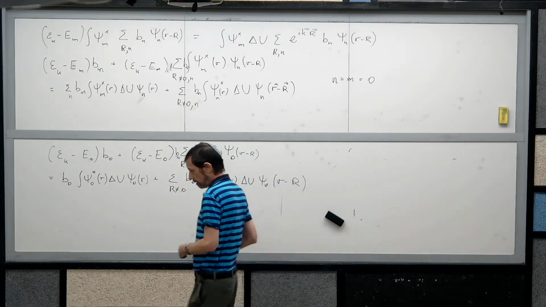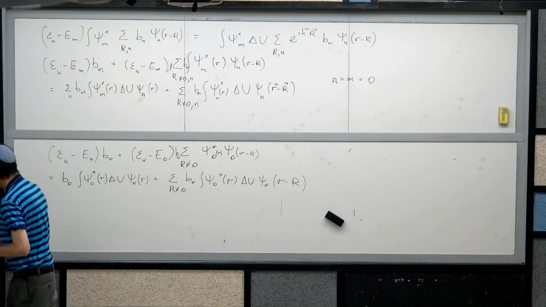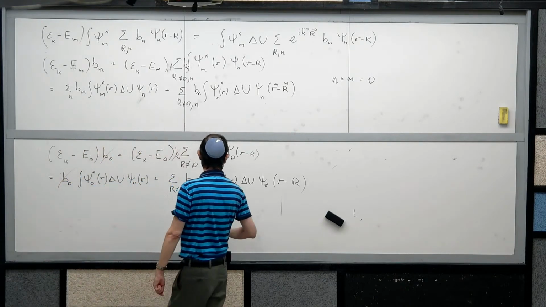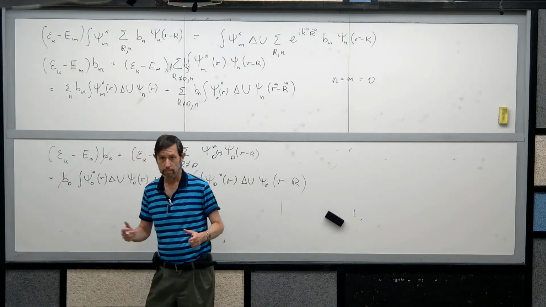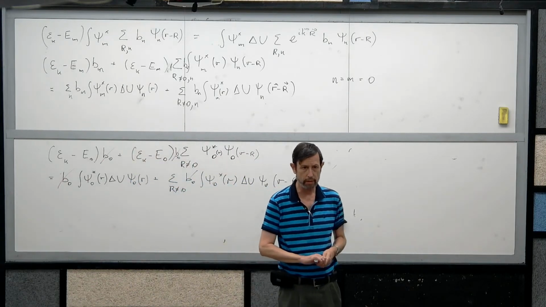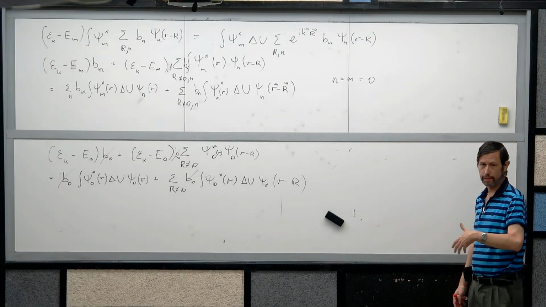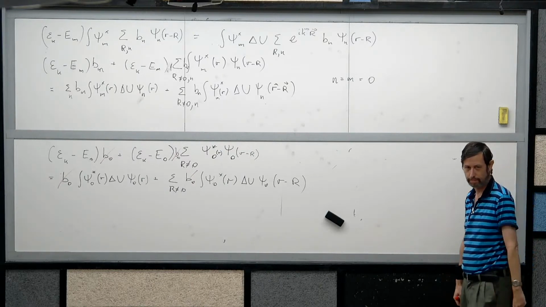Okay, what's good with that? First of all, the other levels are out of the game. That's what I told you at the beginning, that we're writing it as a linear combination, but for us it doesn't matter.